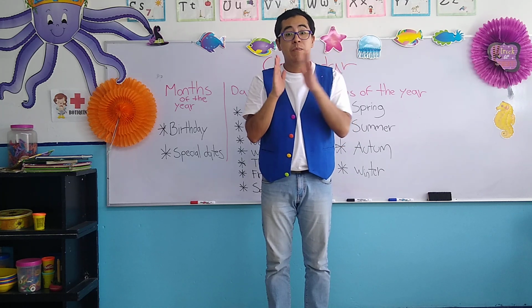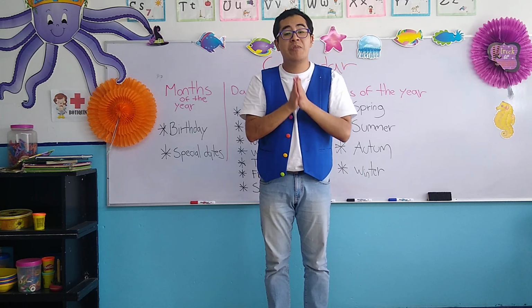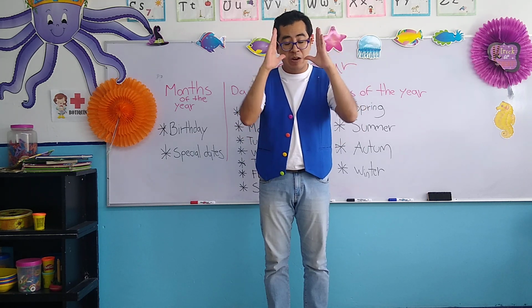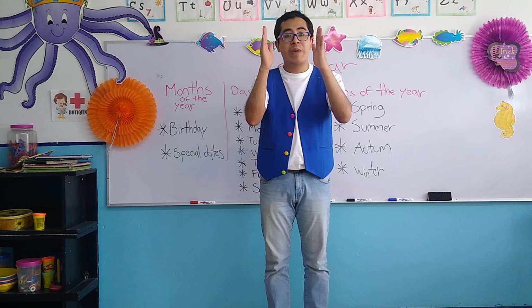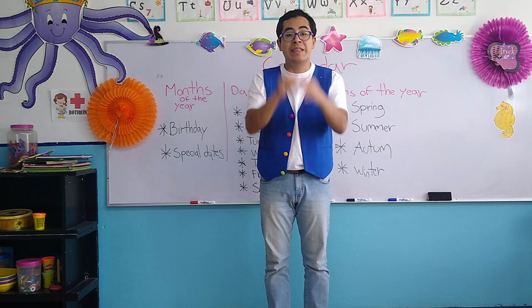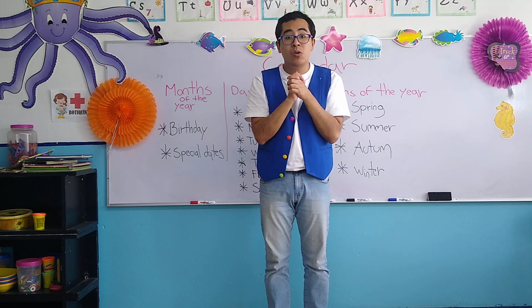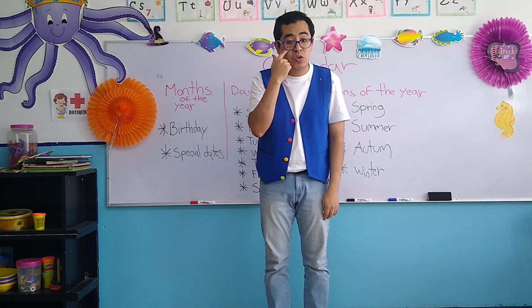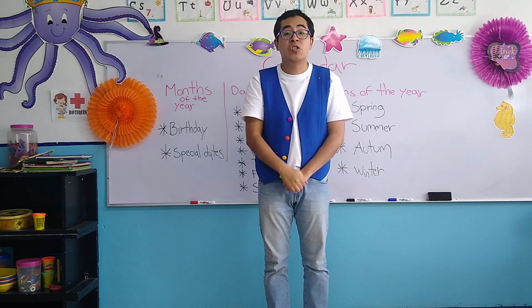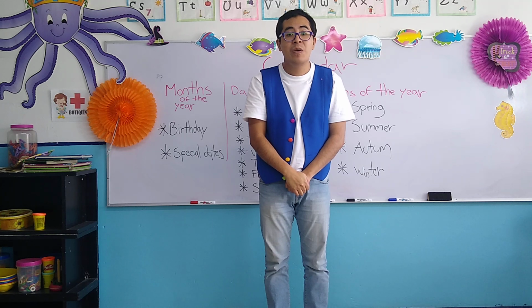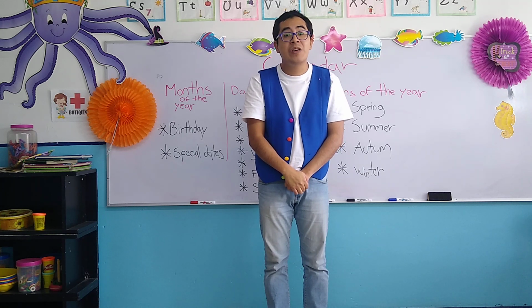We start with months of the year, vamos a comenzar con los meses del año, then in one month, en un mes, se va a dividir days of the week, días de la semana, and also in a calendar, en un calendario, we are going to look for seasons of the year. También las estaciones del año van a aparecer en un calendario.